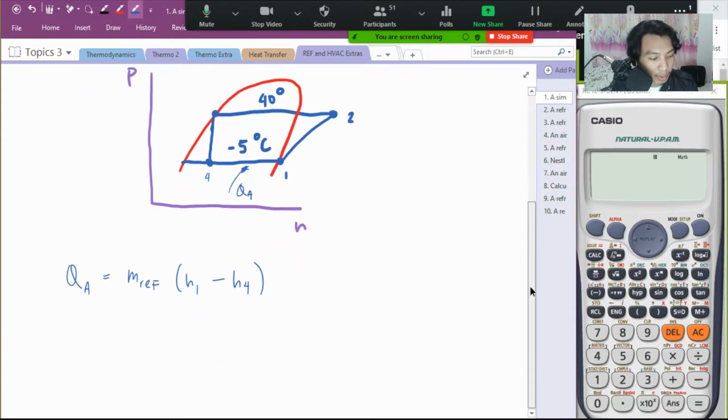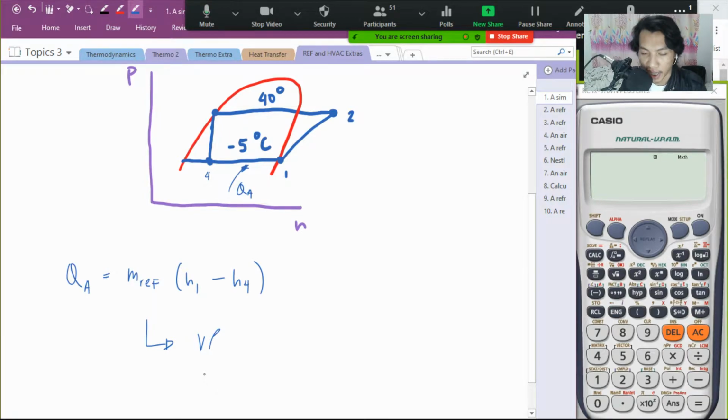Now, how will we solve this? Okay, dito manggagaling sa mass. Pero ang mass mo, 'di ba, is equal to what? Volume times density. Tama ba ako? Volume times density.